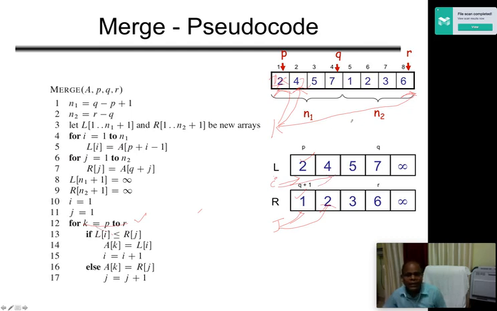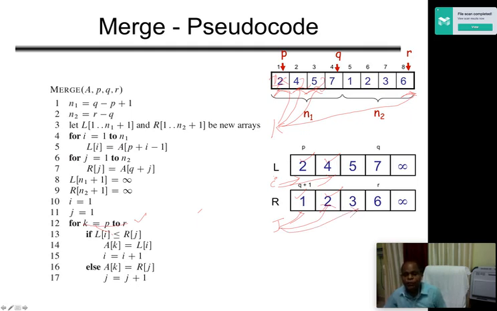Again k will point to the next element. Now L[i] is 4 and R[j] is 2, so which one is smaller? R[j]. That means 2 will go to here, and j is equal to j plus 1, so j will point to the next element.